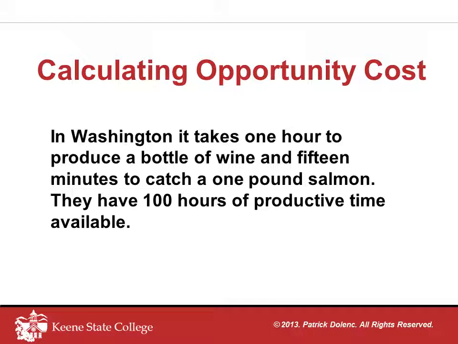What could we have done instead with that 15 minutes? Well, in this example, the only alternative is wine production, and 15 minutes would only get us 25% of the way towards one additional bottle. Therefore, the opportunity cost of one additional pound of salmon is 1/4 of a bottle of wine.